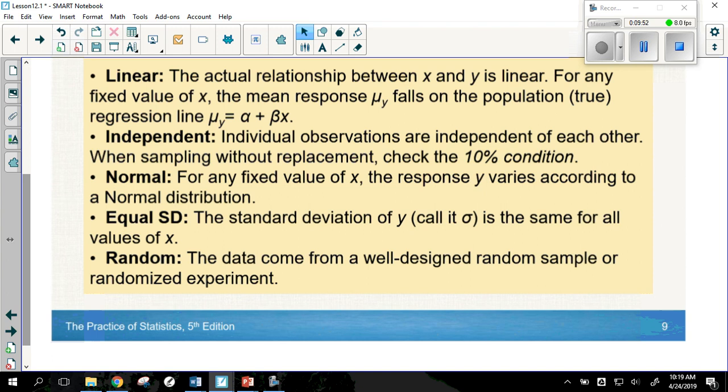I'm in the middle of editing this thing right here. And you'll see, everyone gets one regardless of whether you're taking the test or not. And it has all of these. Actually, this one uses LINS: linear, independent, normal distribution, and standard deviation about the same.